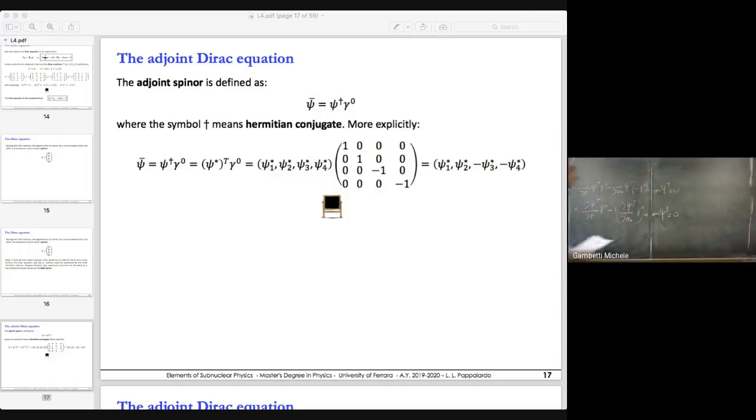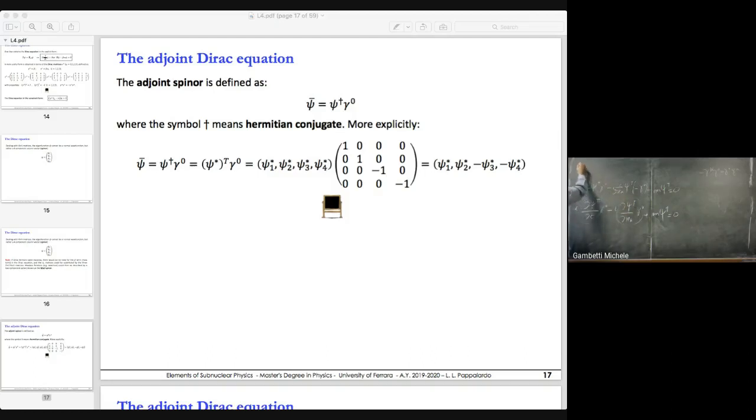And we have to exploit essentially this property of the gamma matrices: minus γ^k γ^0 is equal to γ^0 γ^k, the anti-commutation relation. So we multiply this equation on the right by γ^0.